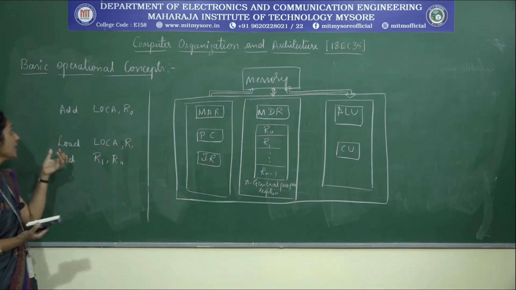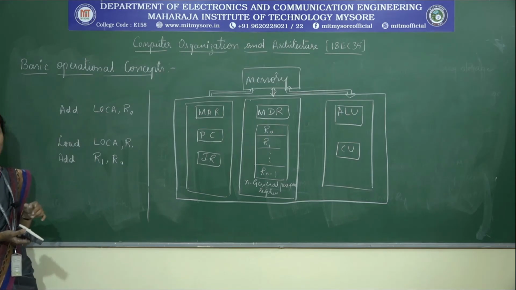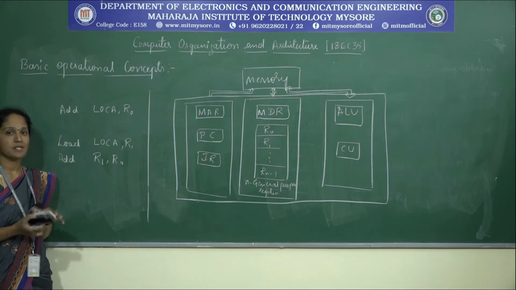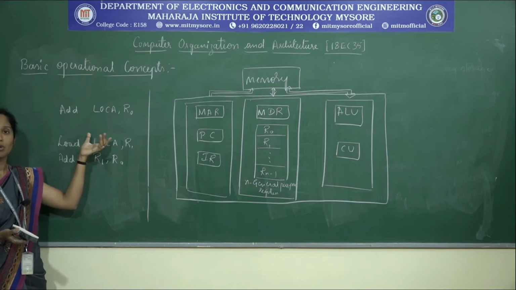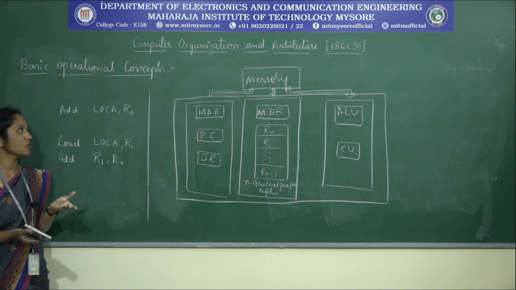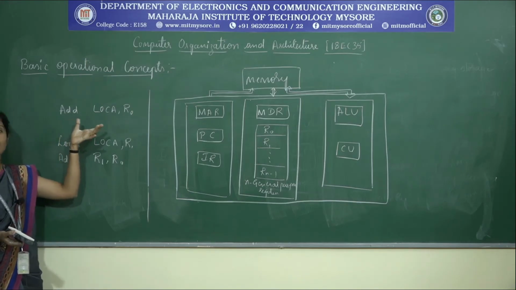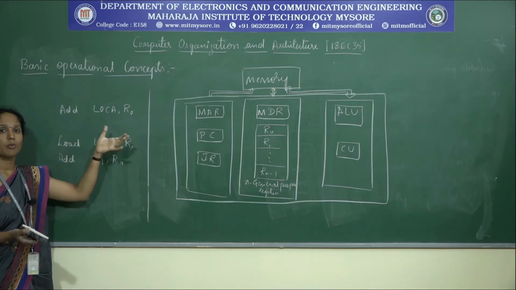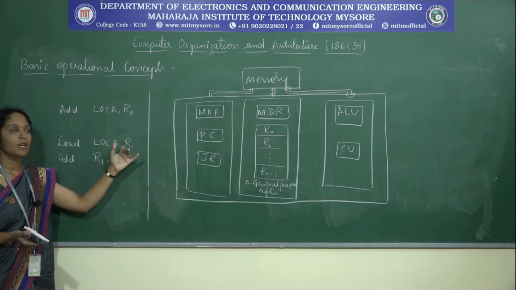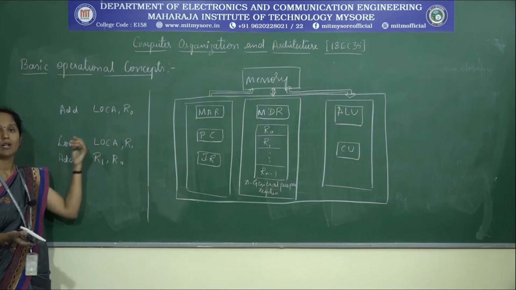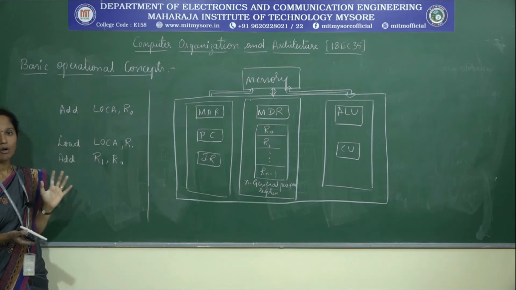Now let us consider an instruction ADD LOCA, R0 present in the program which is written, and we know that this program will be stored in the memory, and when the execution has to start, this will be fetched into the processor. The processor then performs the required operation, and the result will be given back to the memory and then the output device.